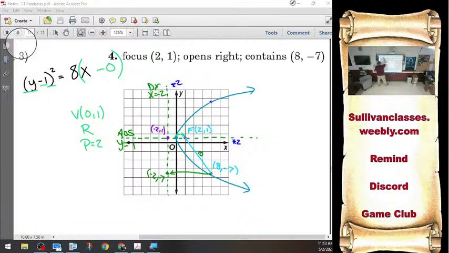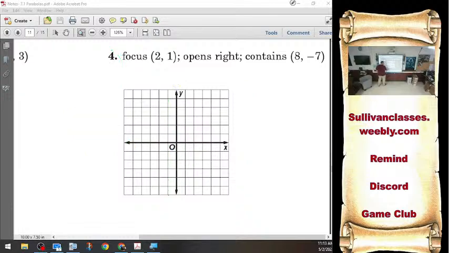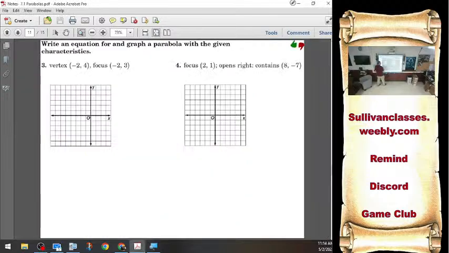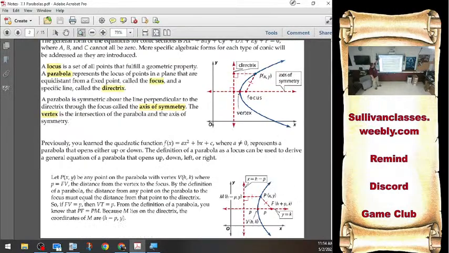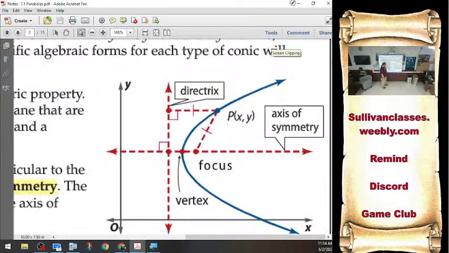Now, here's where kids go a little cross-eyed. The definition says that this distance is also the distance back to my directrix. I can use that distance a different way for the next application.